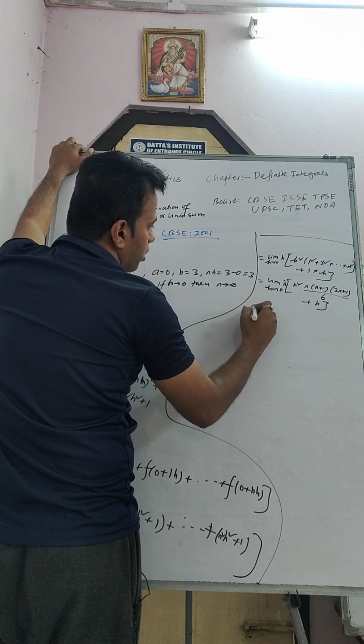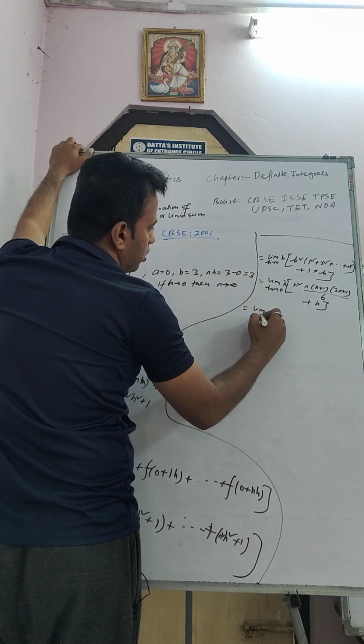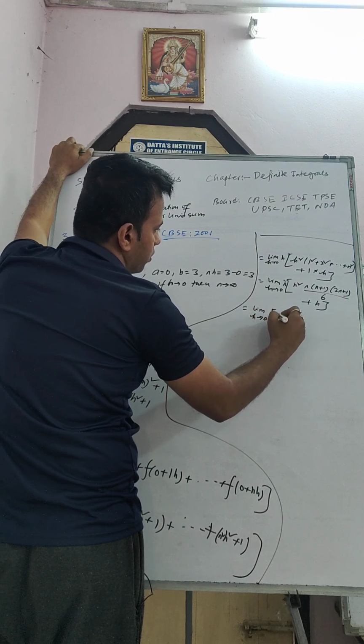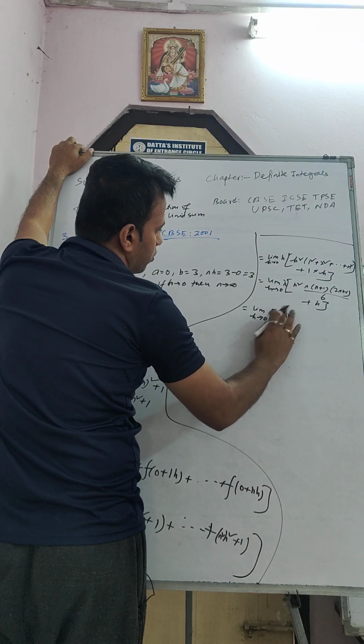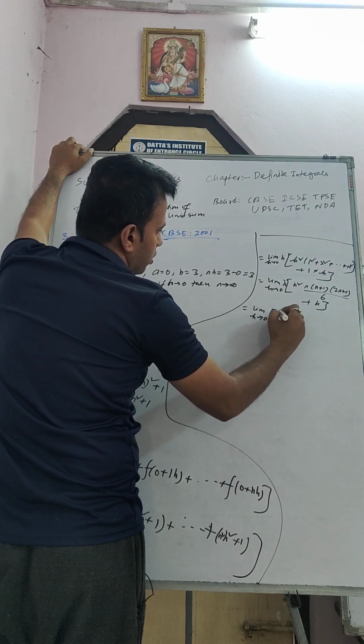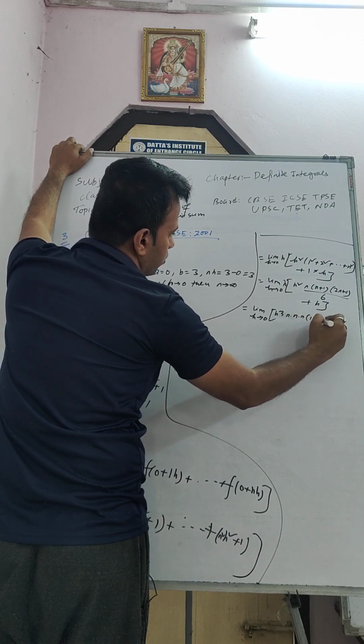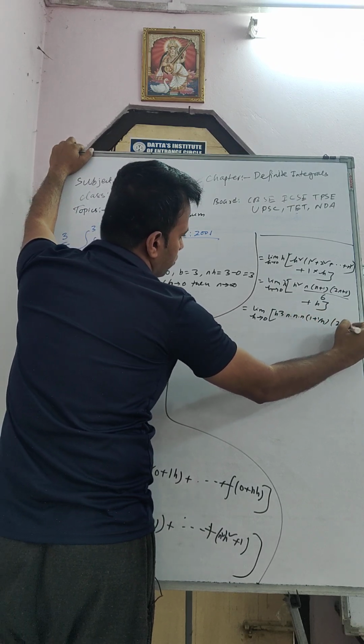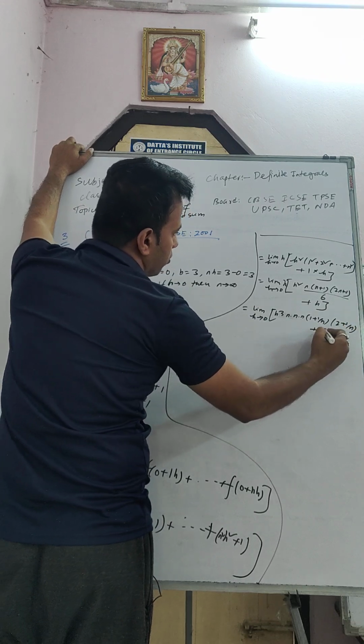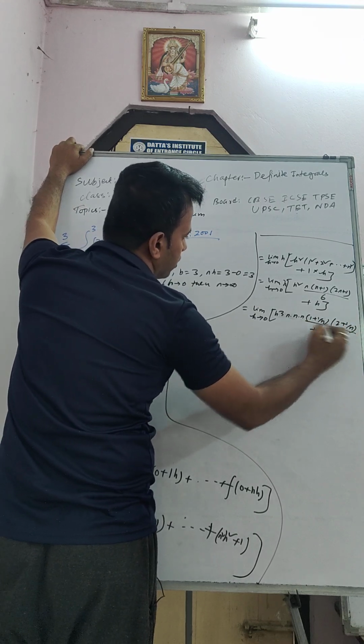Okay, if I multiply this, it will become n cube h cube, here will be 1 plus 1 by n, 2 plus 1 by n. Okay, and here will be nh by 6.